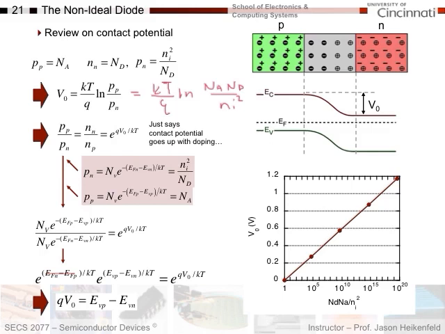And we also did a proof on that, which I won't go through here, where we used these same equations, rearranged them, and started substituting in doping levels as a function of Fermi level positions and distances from the band edges.